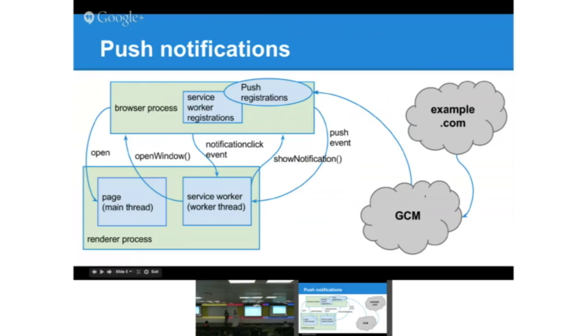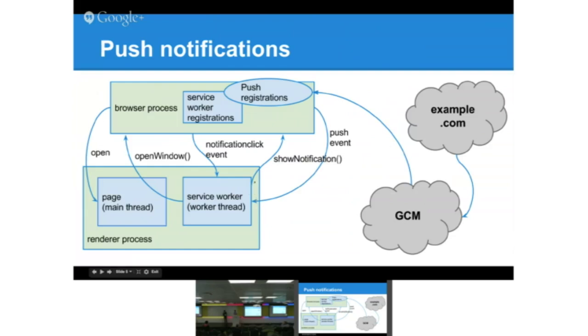So what happens when example.com wants to push something to the browser, which is listening to GCM? GCM would push data to the browser, and this turns into a push event. The service worker, which may not have been running at that time, gets woken up, and it receives this push event. I think actually it must, in response to the push event, show a notification.